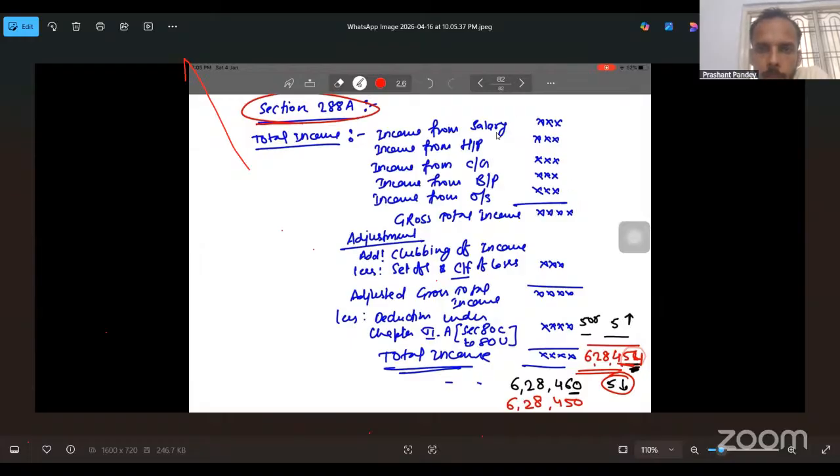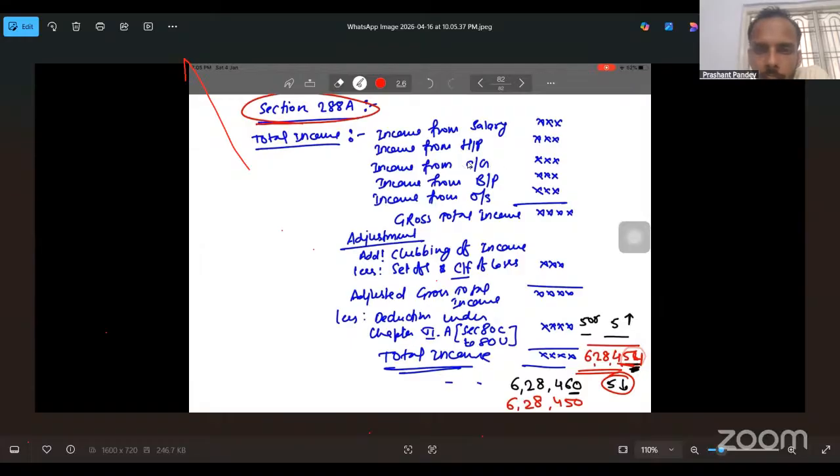These are the means of income for an individual: salary, house property, capital gain, business and profession, and other sources. Sometimes students may ask, what is capital gain? In my first class, I covered what capital gain is. Capital gain is the rise in the value of an asset. For example, if you sell your property, you might have purchased it for 4 lakh rupees, but after 5 years when you sell, you may get 10 lakh rupees for the same property.